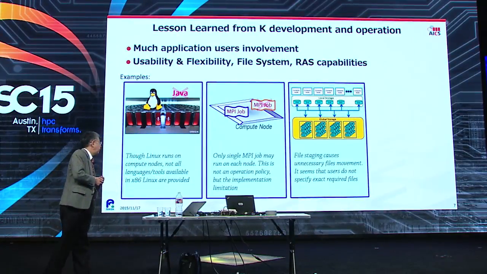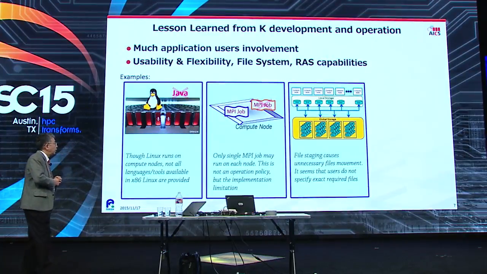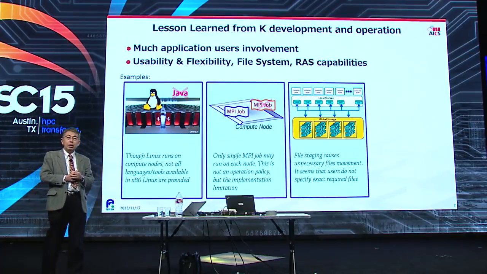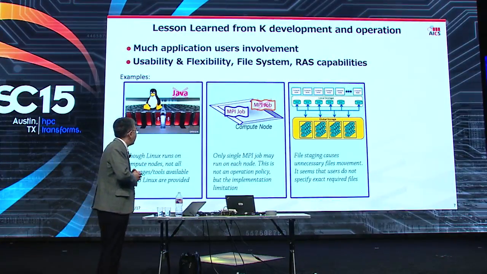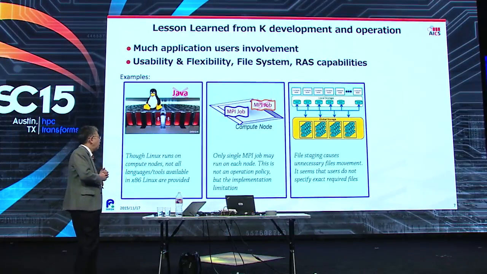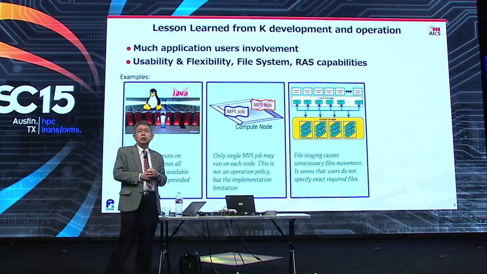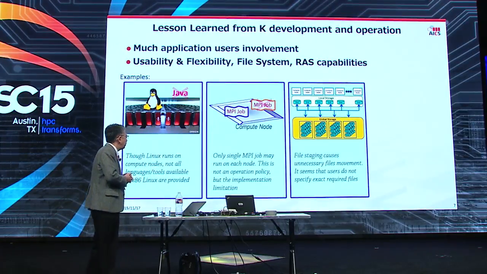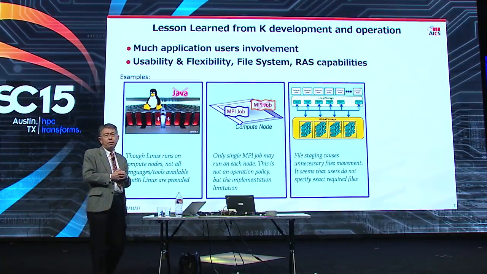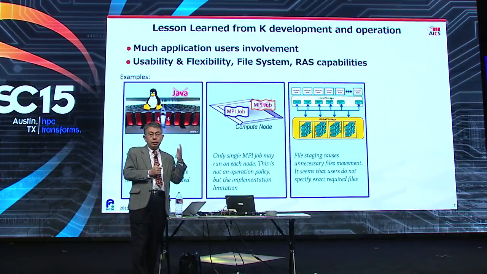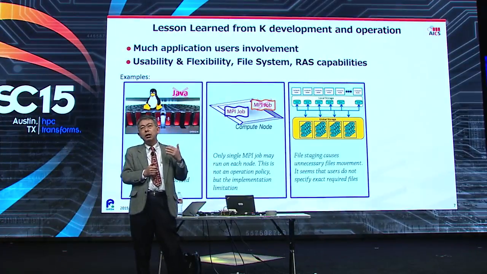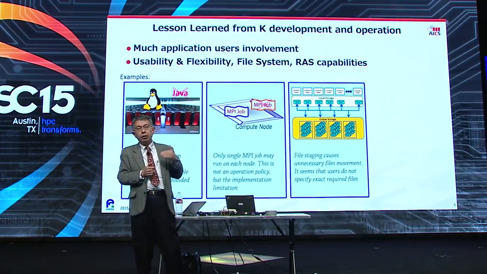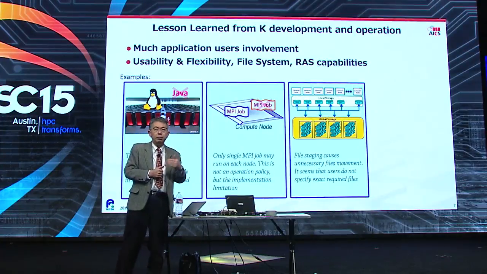And the third example is that the K computer employs file staging, but the file staging causes unnecessary file movement. It seems the users do not specify the exact required files, but just specify the directory, and then the files under the directory are moved to a local file system in a staging phase.